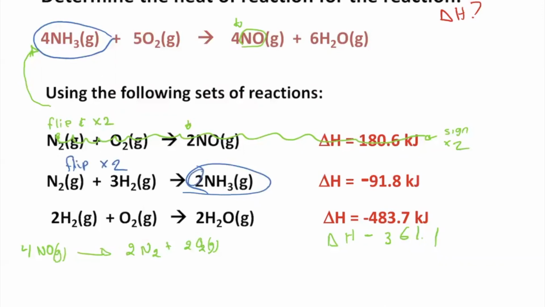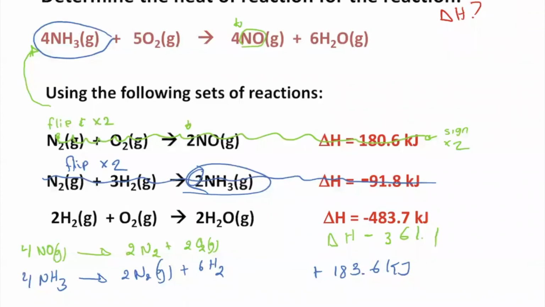So it's going to be 4 ammonia, 2 N2 plus 6 H2. And since you flipped it, it's going to be positive now, 183.6 kilojoules. So now this equation doesn't exist anymore.